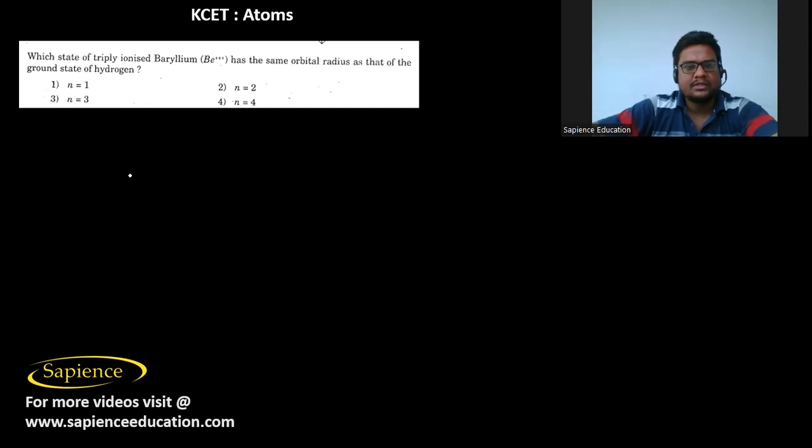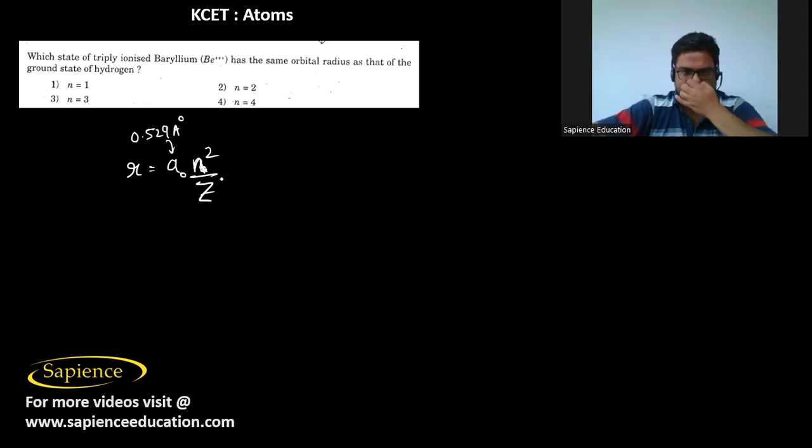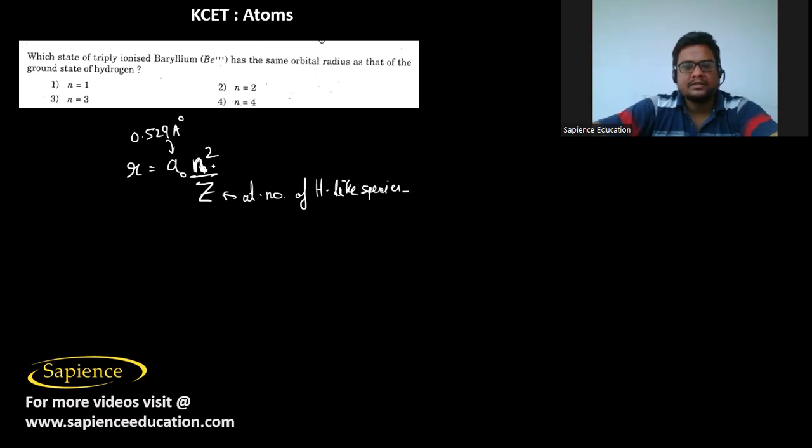We know that the orbital radius is given as a naught n square by z, where a naught is called the Bohr radius, which is 0.529 angstrom, z is the atomic number of the hydrogen-like species, and n is the principal quantum number of the orbit, or I can say the orbit number or shell number.